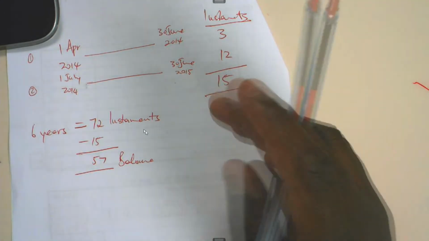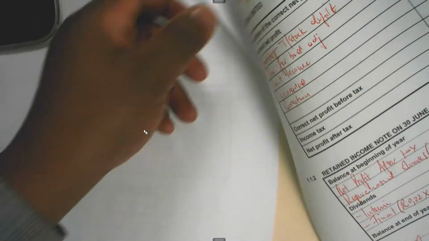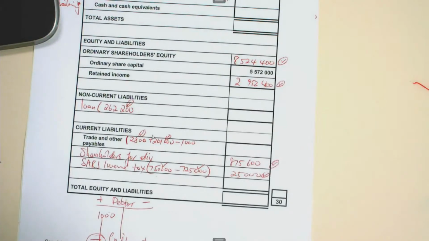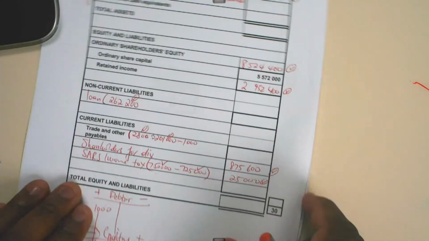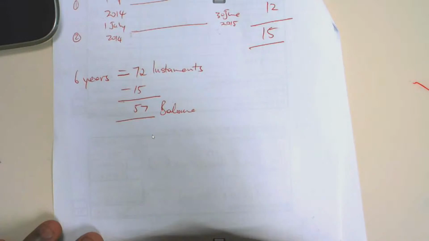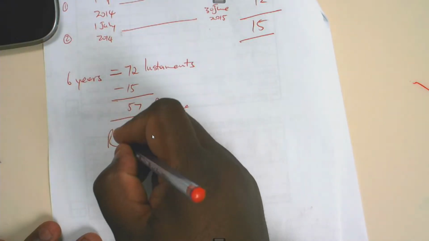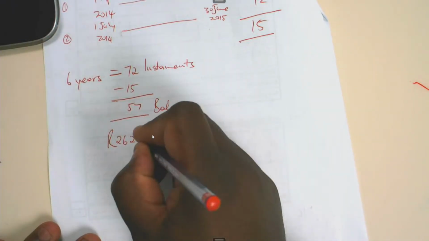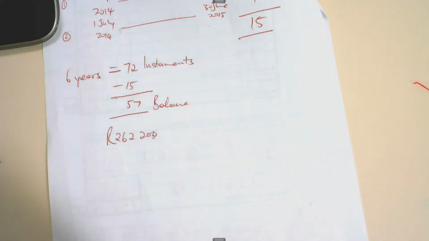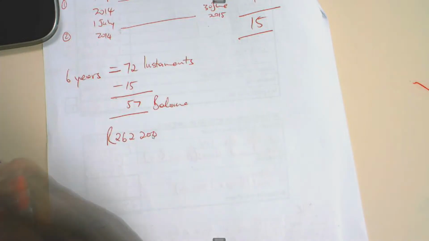But now let's look at the balance of our loan. The balance of our loan is 262,200, right? Remember, we are paying 72 equal installments.